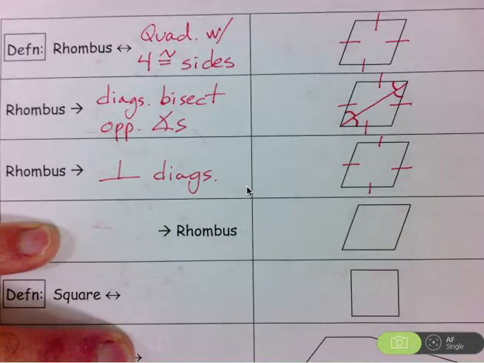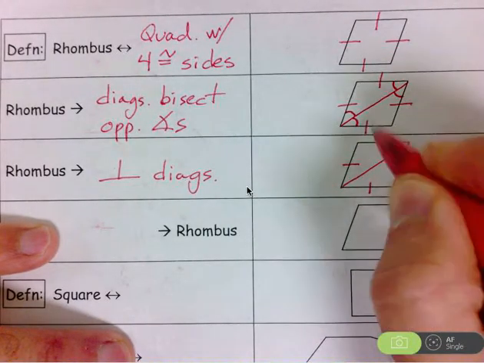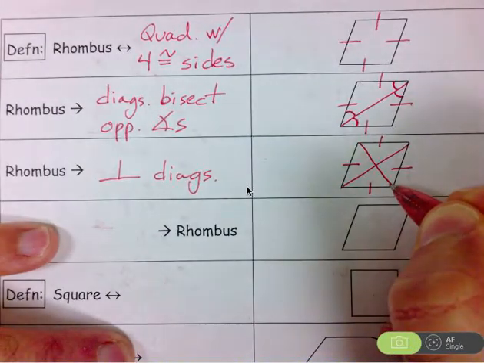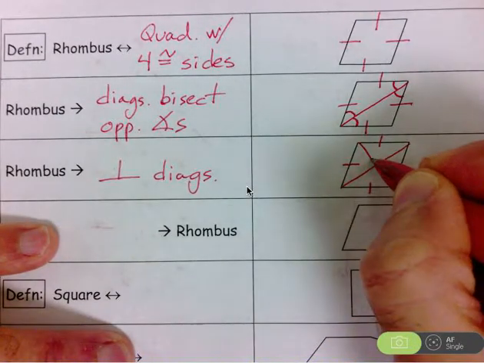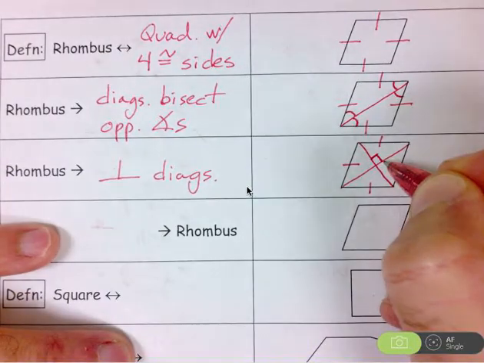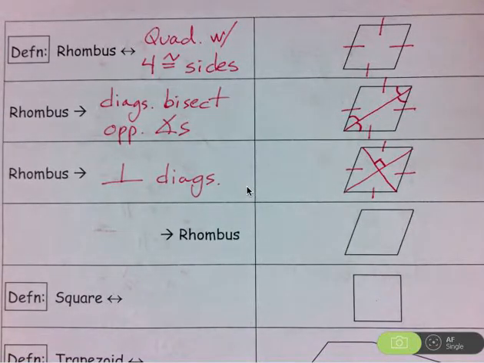Then if we draw in both of the diagonals, this property lets me mark a right angle where the diagonals meet. Again, this does not happen in a parallelogram. This does not happen in a rectangle. We first see this property in a rhombus.